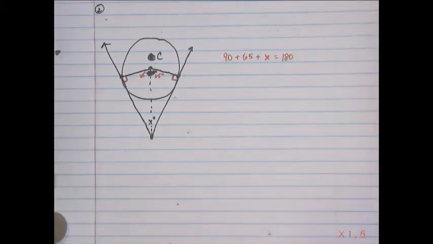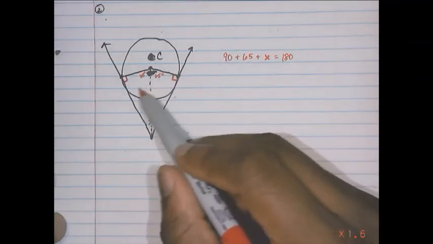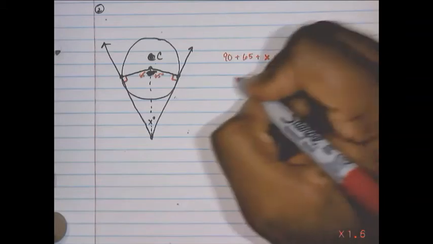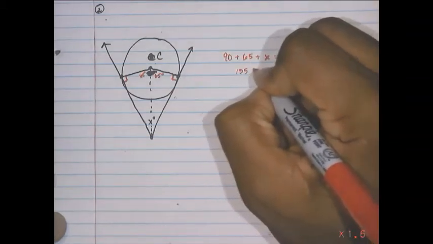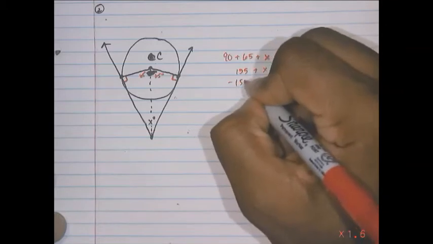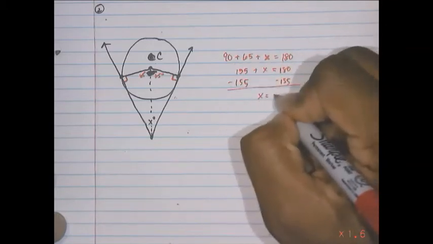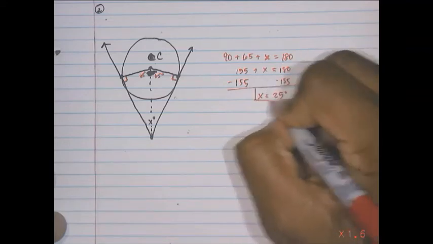I don't have to do it twice, even though I have two different triangles, because these triangles have the same measurements in them. So that's 155 plus x equals 180. Subtract 155 on both sides, and x equals 25 degrees.